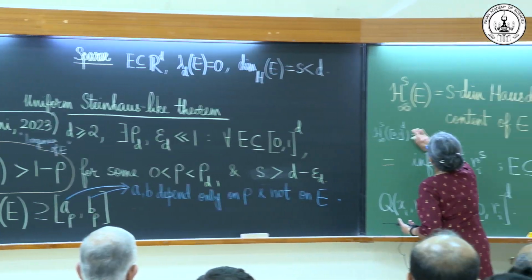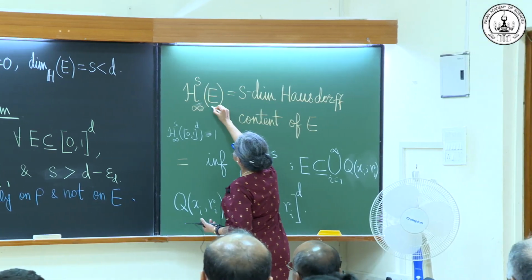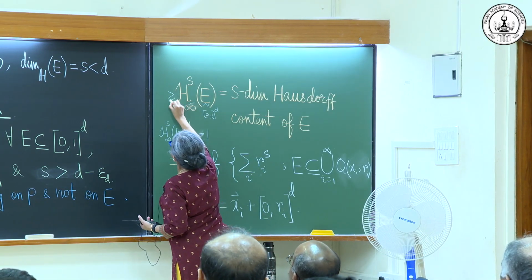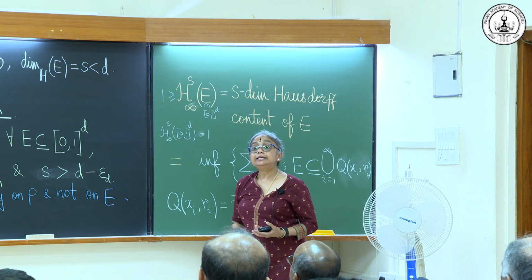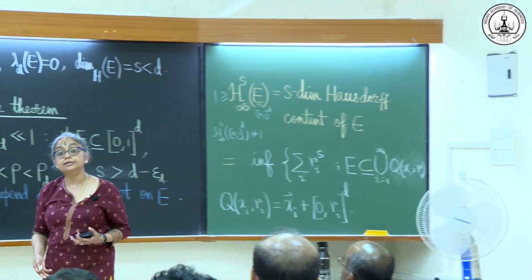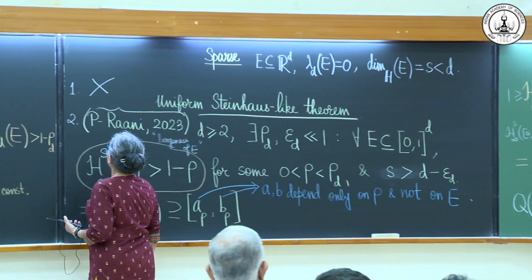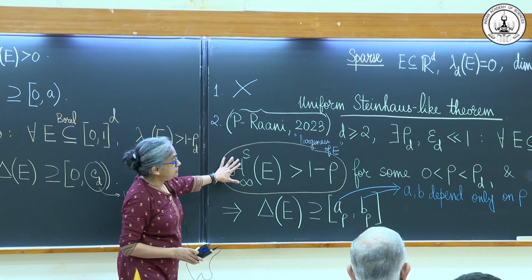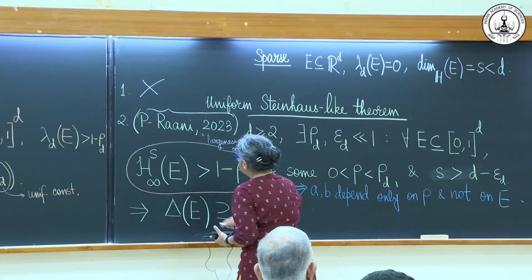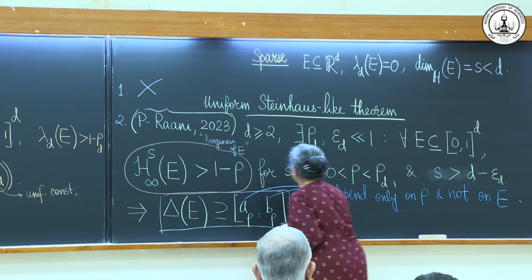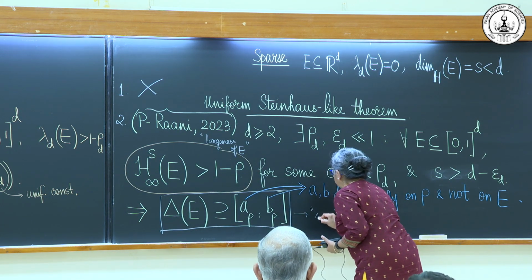No, but this is always true. In fact, for any E subset of [0,1]^d, everything is less than or equal to 1. Yes, but then you also have to show that this is the infimum, right? Okay. All right. So then, this is the largeness of E, and large sets have large distance sets. So this is the uniform largeness of the distance set.